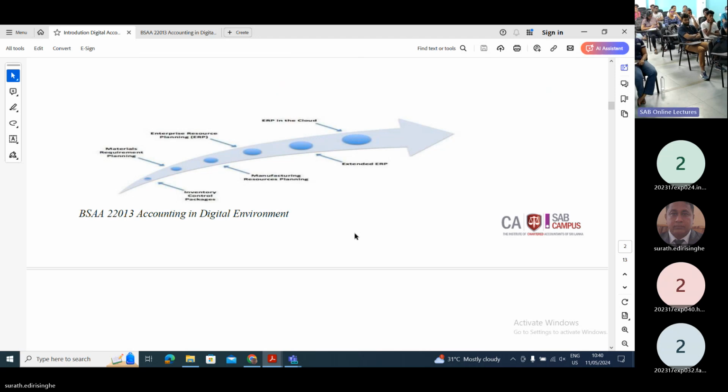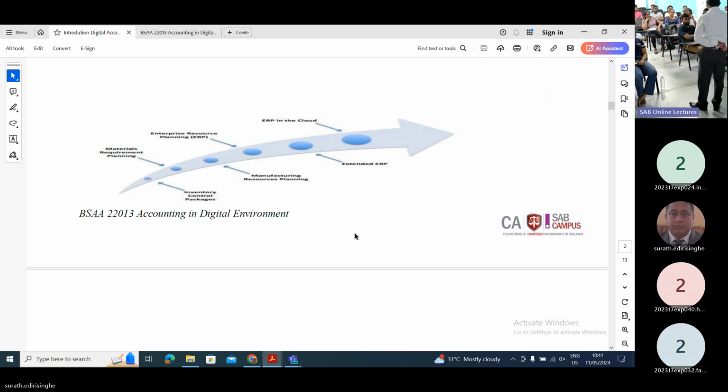Now I will explain the ERP development: where ERP was created initially, what is the latest trend, and how ERP works today.